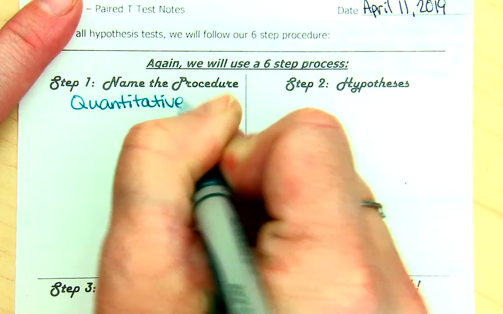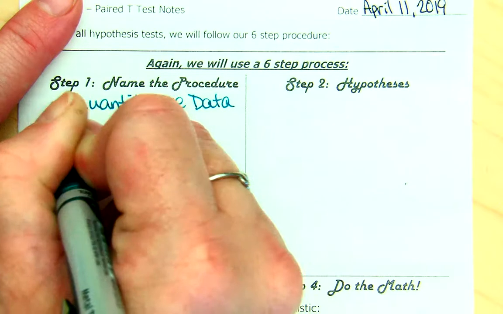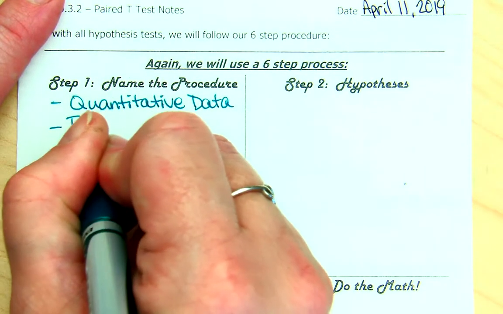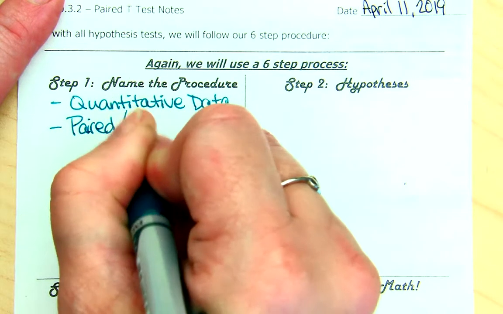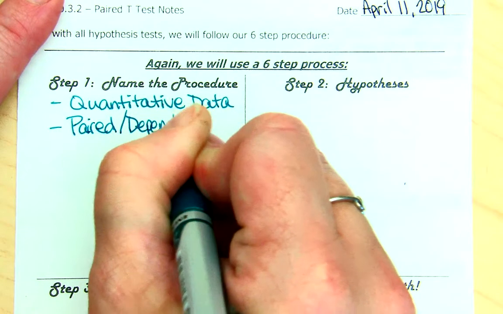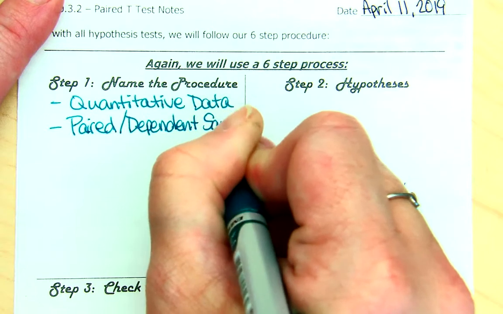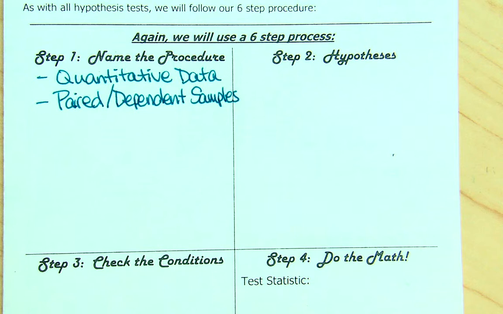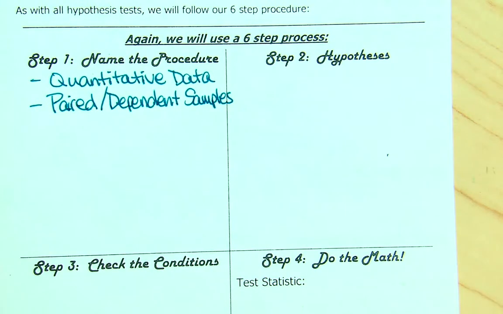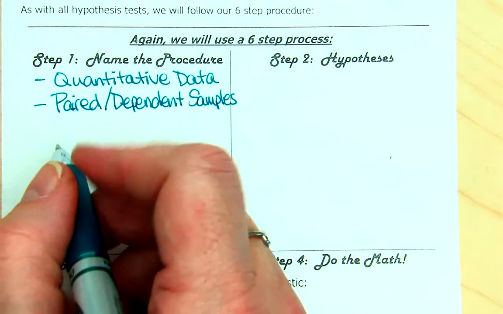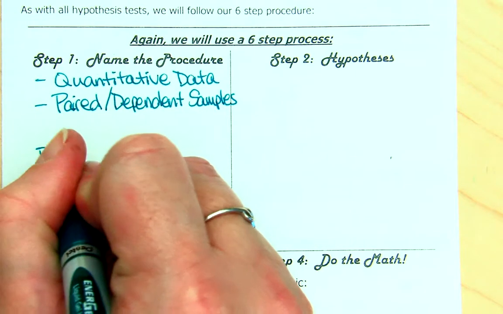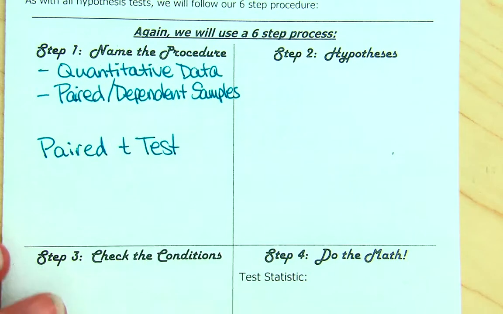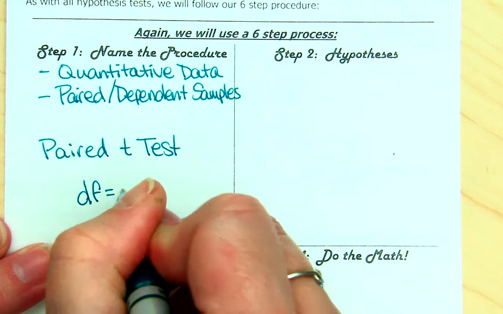We want to look for paired or dependent samples. So if you've checked and you have those things, that describes what you're dealing with, then you're doing a paired t-test. Your degrees of freedom, again, is n-1.